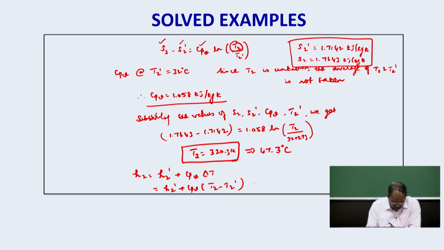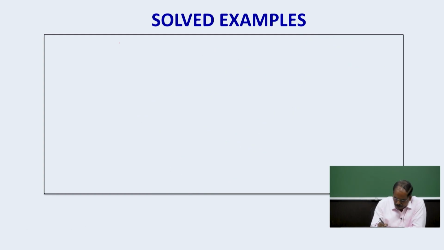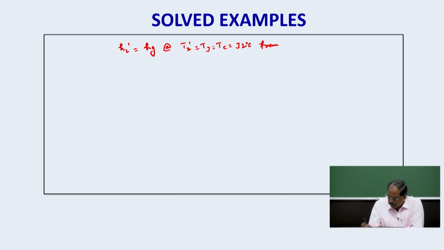So here H2 dash is equal to Hg at T2 dash. T2 dash is equal to T3, which is equal to the condenser temperature, 32 degrees centigrade, from the R134A table.